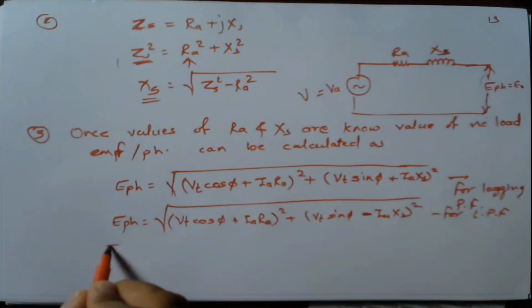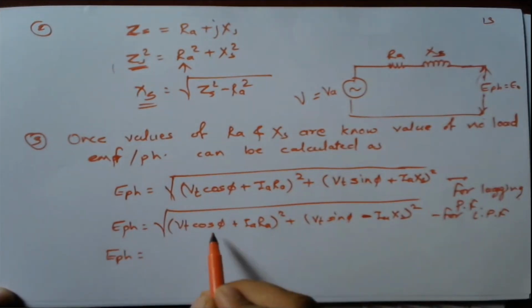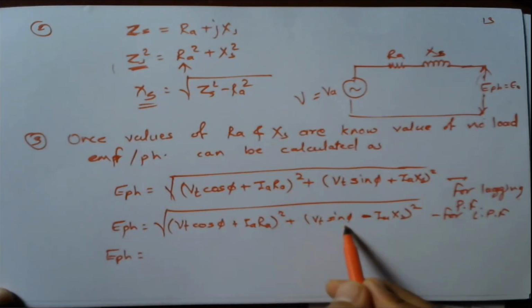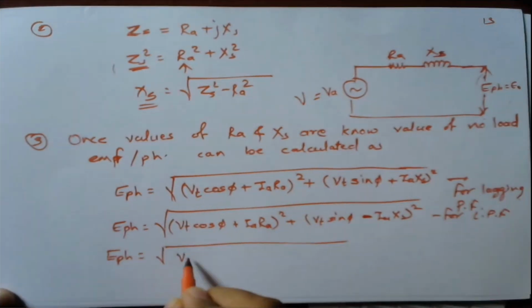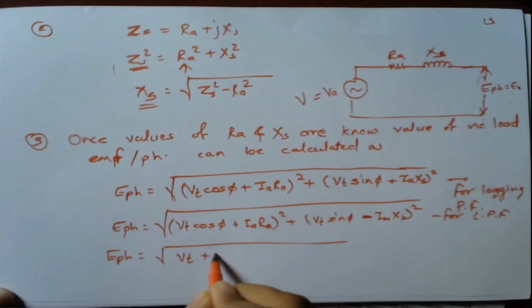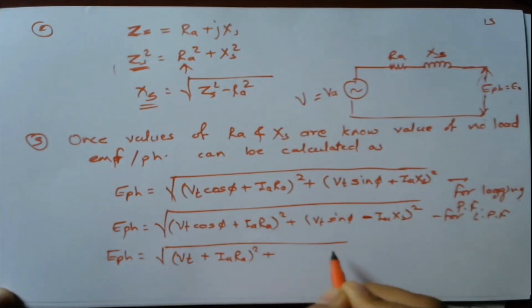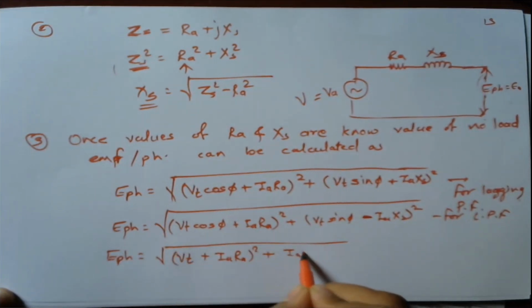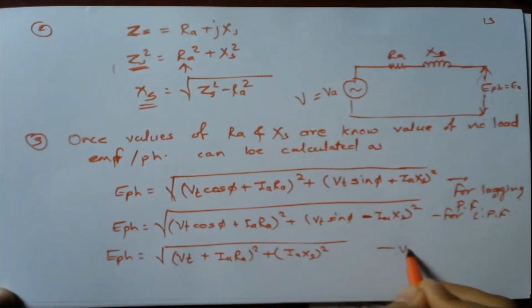And for unity power factor, phi is equal to 0 degrees, so cos phi is 1 and sin phi is 0, so this term will become 0. For unity power factor it will be the square root of (VT plus IARA) whole square plus (IAXS) square.